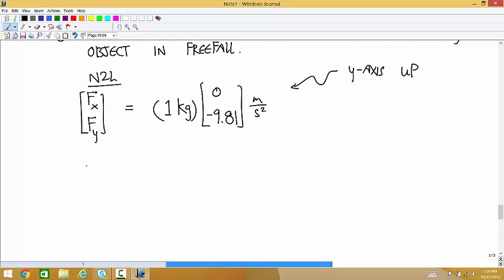And so what that says is Fx, Fy is equal to 1 kilogram times 0, which is still 0, and 1 kilogram times negative 9.81, which is negative 9.81. And the units are kilogram meters per second squared, which is newtons.